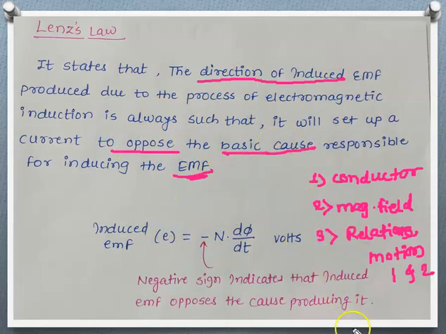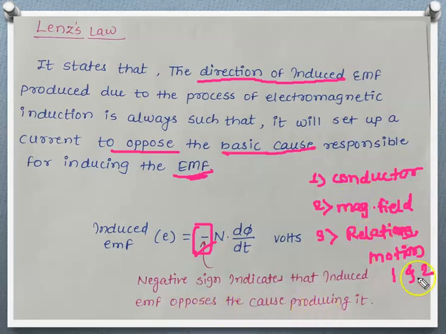This law is taken into consideration with the help of the negative sign in the induced EMF expression. We have the induced EMF expression, N dφ/dt volts, given by Faraday's law, and this negative sign is added here due to Lenz's law. This negative sign indicates that the induced EMF opposes the cause producing it.